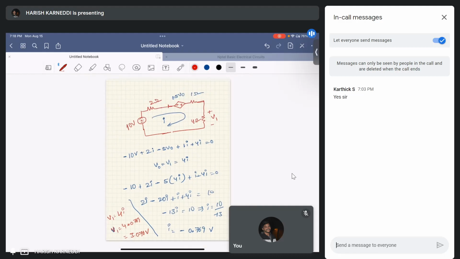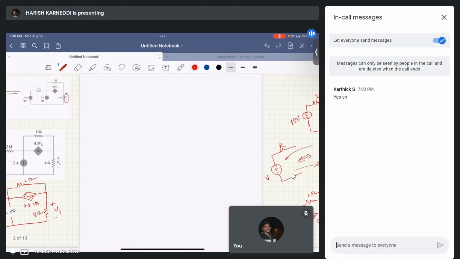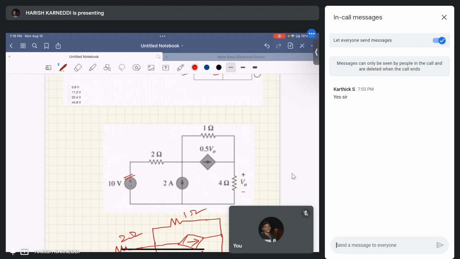This is the voltage across this 4 ohm resistor when the 10 volt source is acting alone.